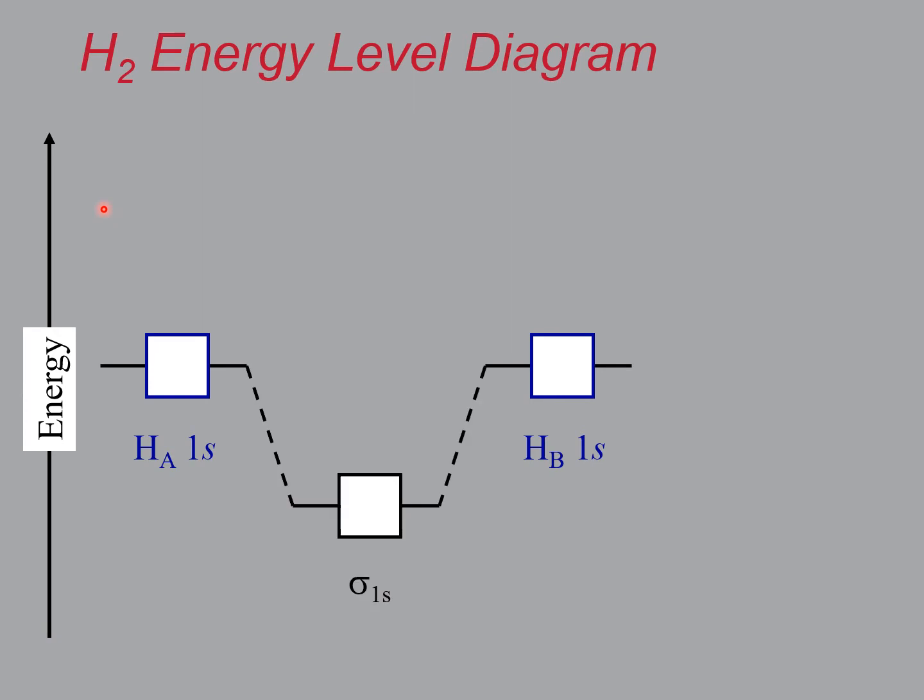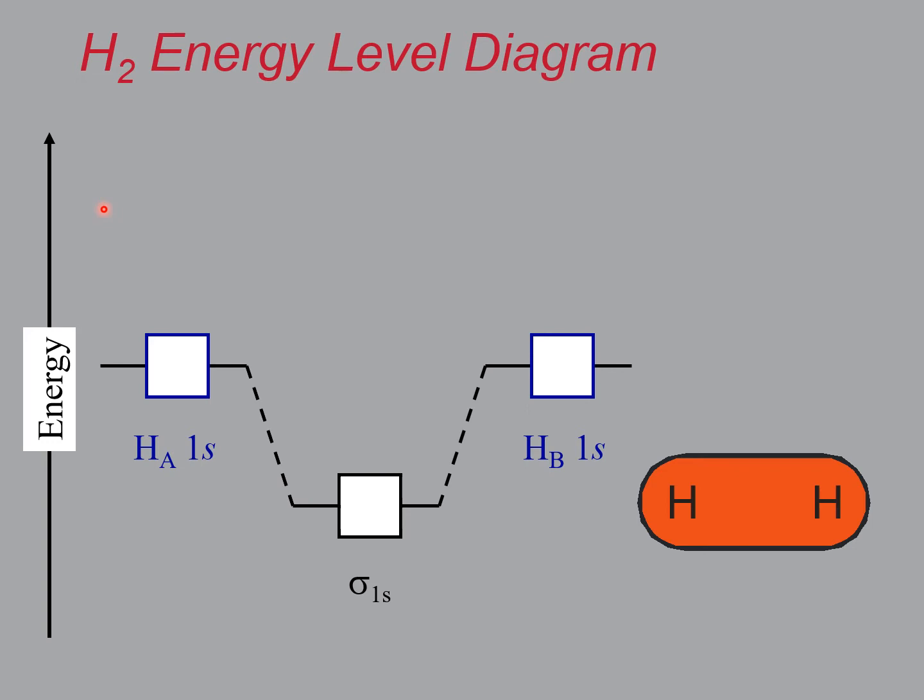And the rule is that the bonding molecular state, molecular orbital, is going to be lower in energy than the atomic orbitals that you constructed it with. And the anti-bonding configuration, what does that look like? Well, it looks a bit like this.